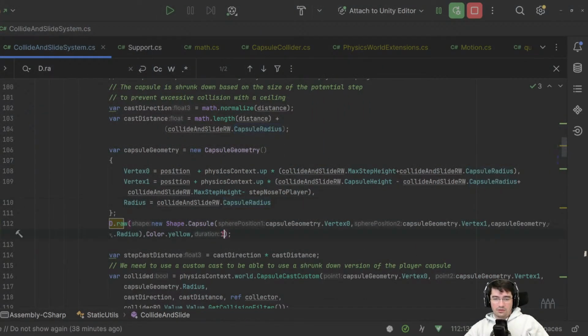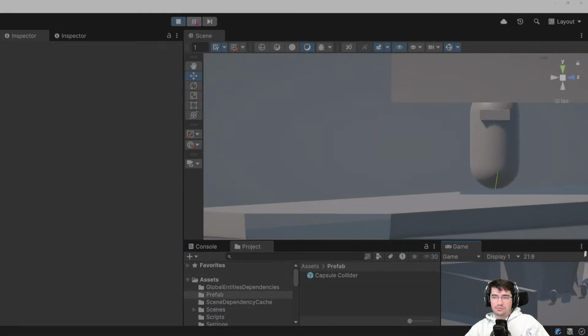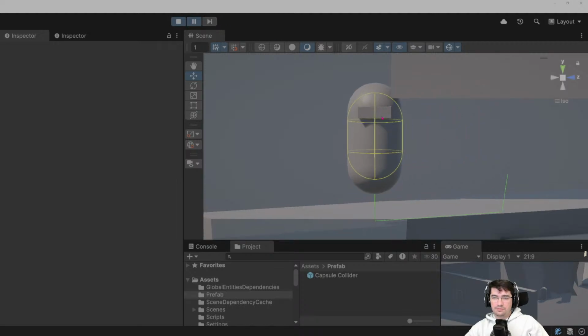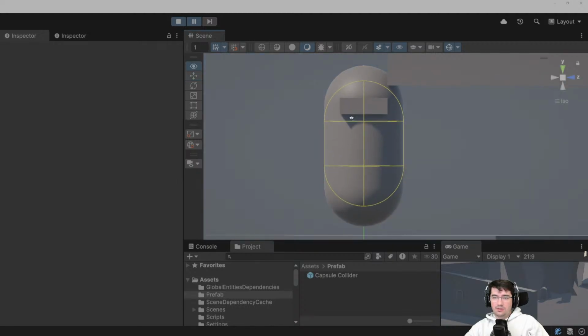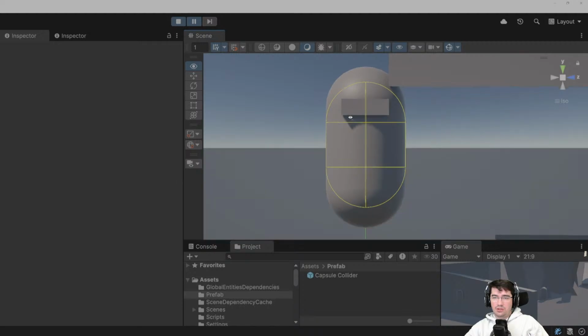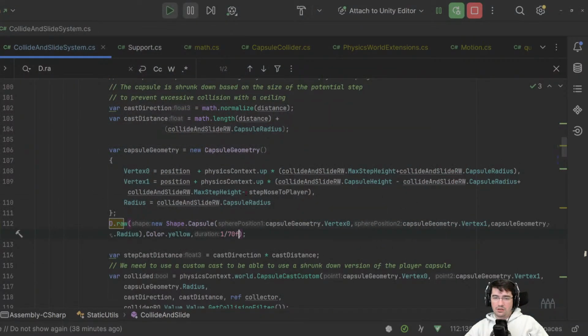Let's already change this duration to be something that will be only one frame. So this one is no longer colliding, but I should be. How much is that? Should I not remove the step?